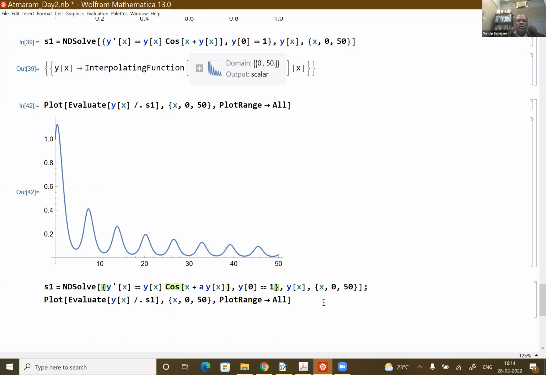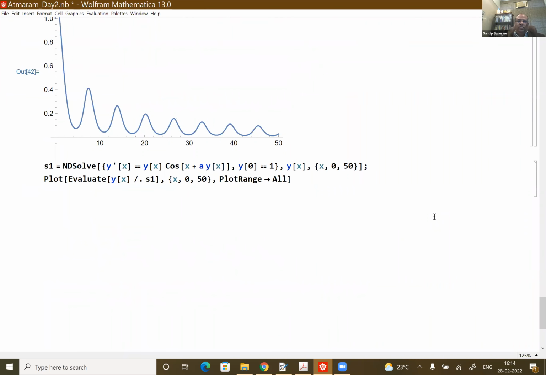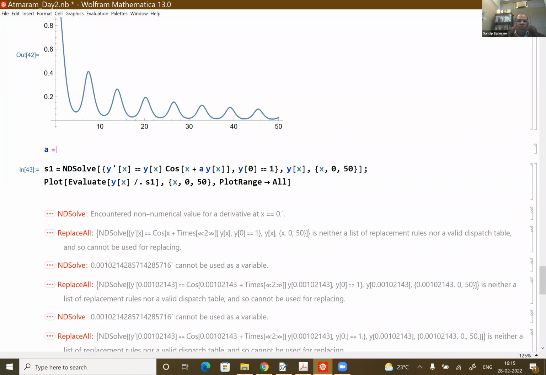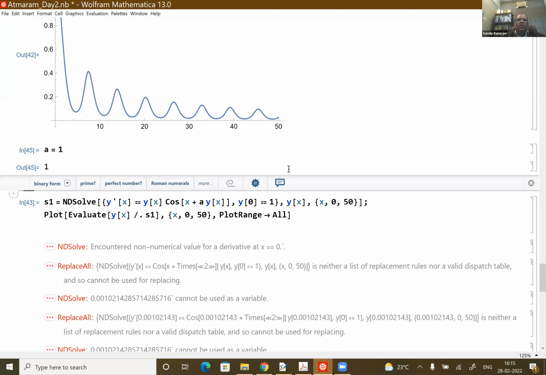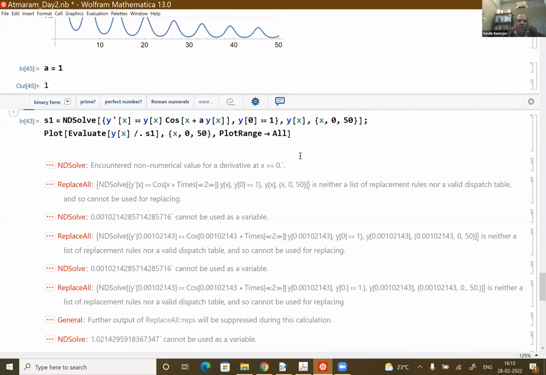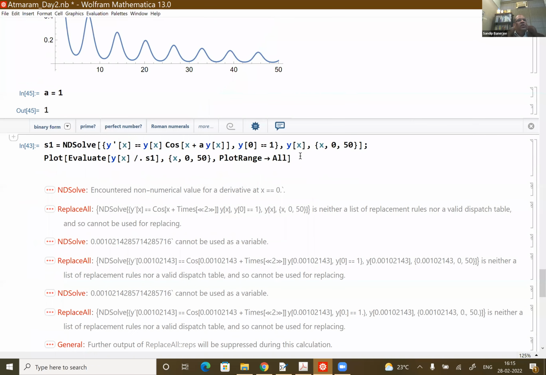And I want to solve this. If I want to solve this, you will see it will give an error, because it says encountered non-numerical value for a derivative and then all this sort of thing. Because the value of A is not defined, it cannot find what is the value of A. If I put A equal to 1, which is exactly the same differential equation, now it will work and it will give you the solution.